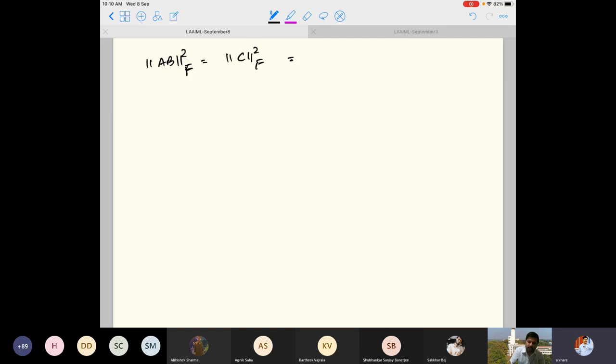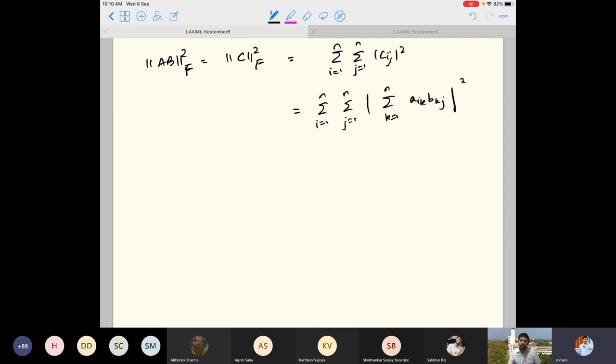Correct. So by definition, what is it? By definition, it is i equal to 1 to n, j equal to 1 to n, and mod Cij square, right? So now the trick is to write down what is Cij square. So this is i from 1 to n, j from 1 to n, and then mod Cij square, I will write down k from 1 to n, Aik Bkj square.